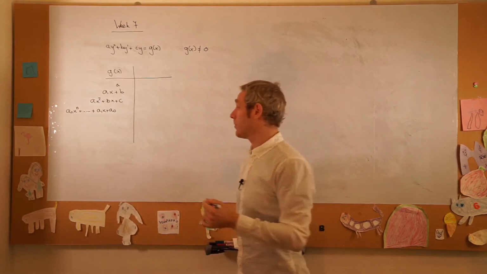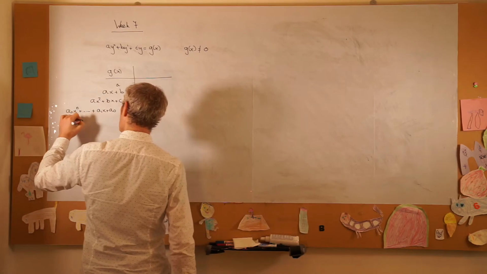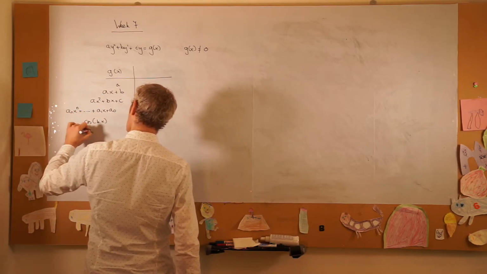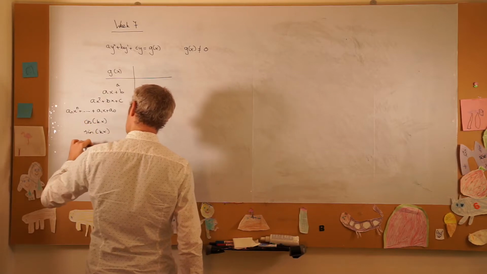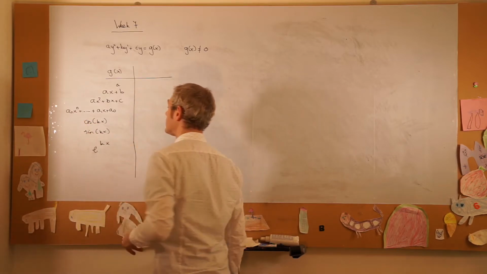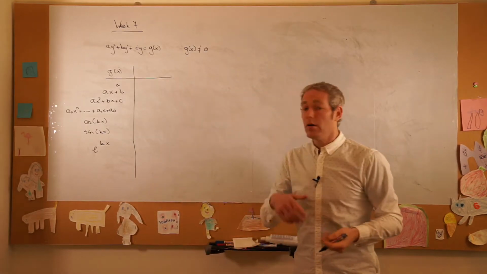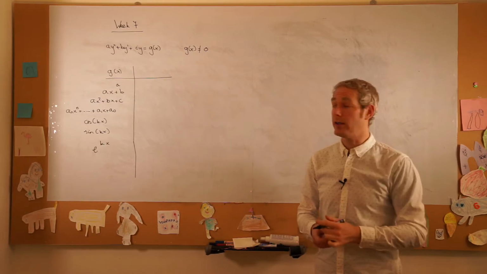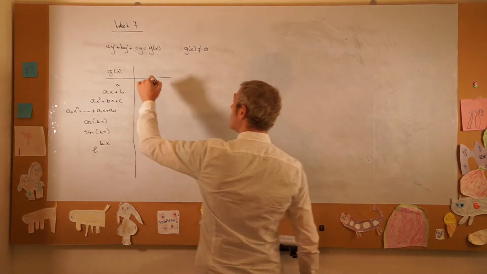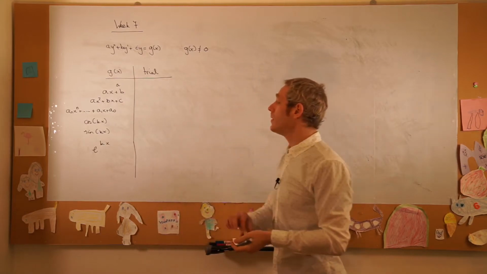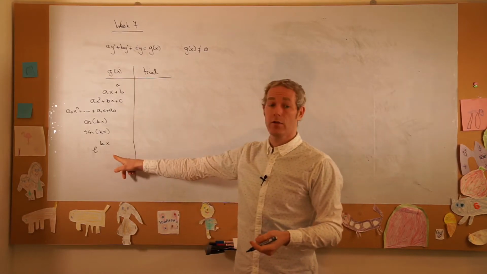It could be something with a cosine of kx, something with a sine of kx, or e to the power of kx. To find the particular integral, we first choose a trial solution, and we will pick the trial solution based on this form.